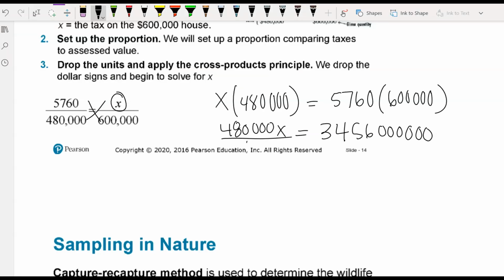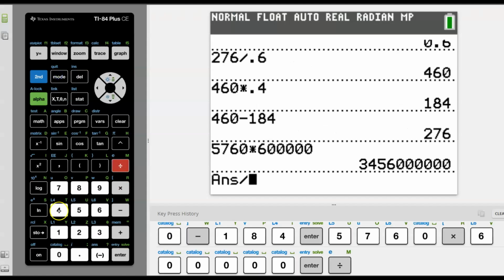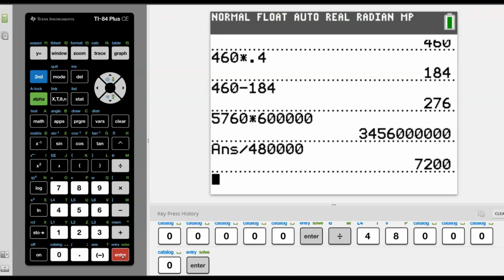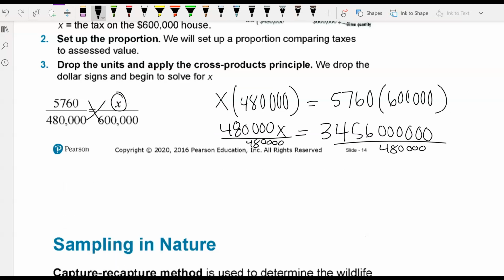All right, so then we divide by 48,000. And we get 7,200. So that is the tax price on a $600,000 house.